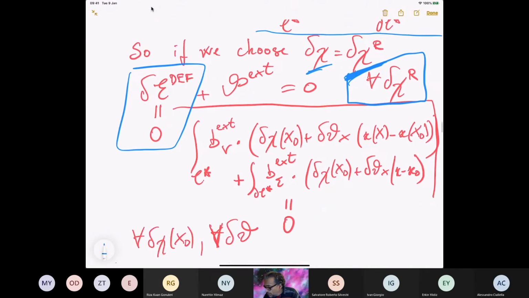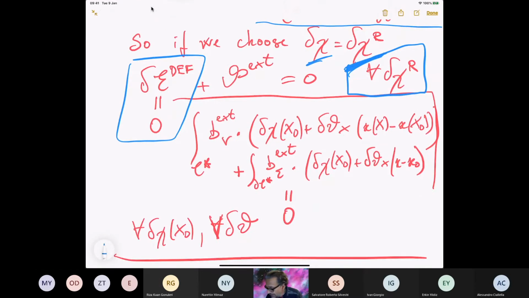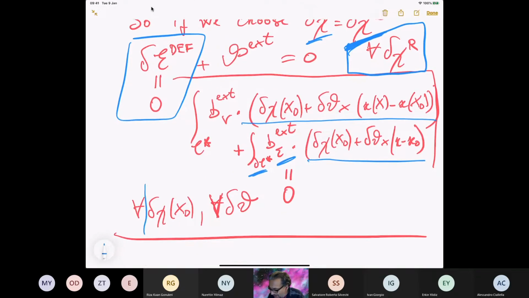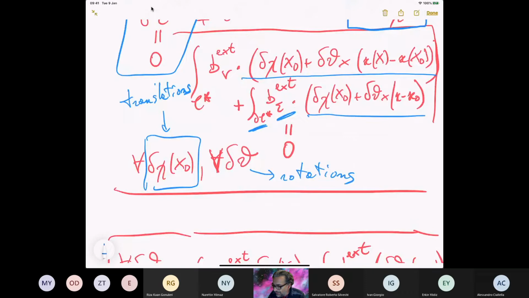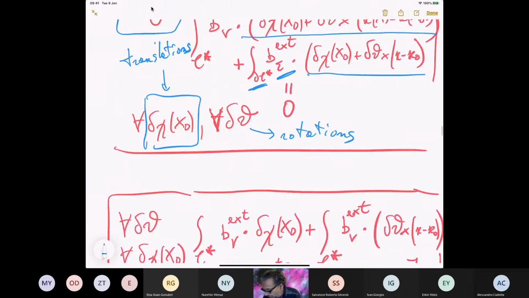Okay? So you write the integral over C star of b times v dot the rigid displacement plus the integral on the boundary of C star of surface forces dot the same rigid displacement has to be equal to 0. As rigid displacements are parameterized with translations and rotations, this has to be equal to 0 for every translation and for every rotation.